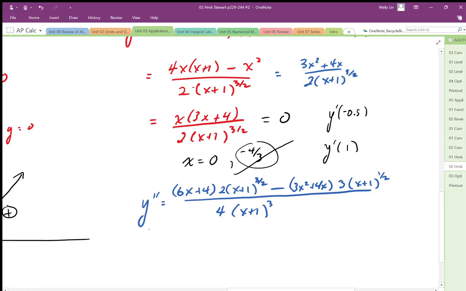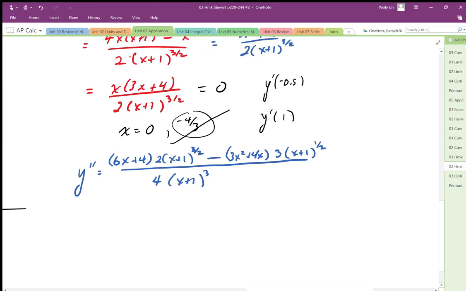Okay, so then I should simplify this expression. Looks like maybe if I multiply this by root x plus 1, I can get rid of that power 1/2. In fact, maybe I'm going to divide, because I don't want to introduce more terms than I want. So I'm going to divide the top and bottom by root x plus 1. So that's going to give me y double prime is equal to 6x plus 4 times 2.